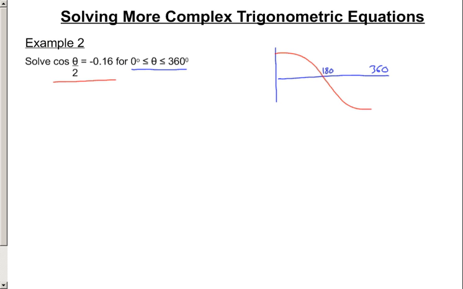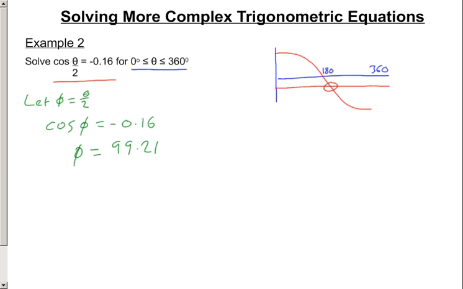So how many solutions are there? Well, we can see on this graph that for minus 0.16, that's coming across here, in that domain, there's only actually one solution. So now we let phi equal theta over 2, and we've got cos of phi is equal to minus 0.16. That means phi is equal to 99.21.